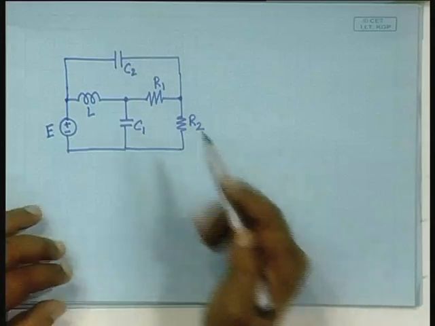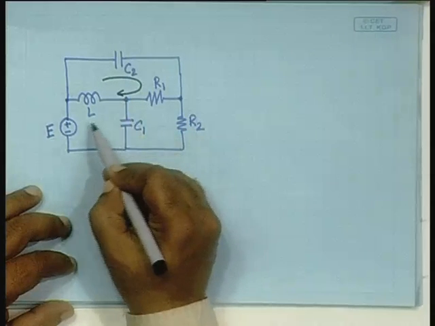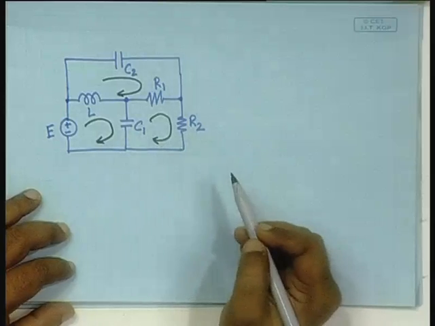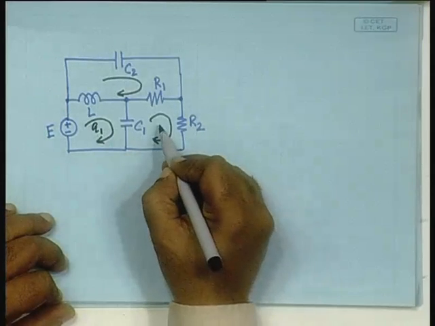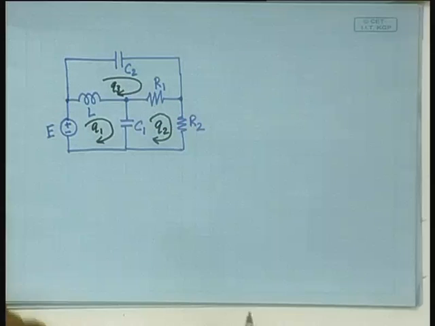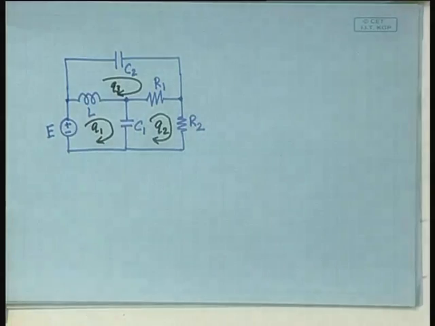So, it will be very convenient to identify the 3 meshes like this. Then we will say this is our Q1 direction of flow, this is our Q2 and this is our Q3. Once we have done that, we can then proceed to write the kinetic energy and the potential energy of this circuit.